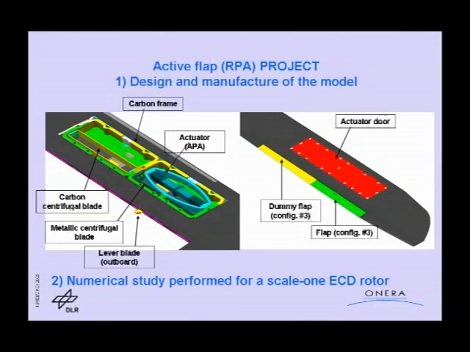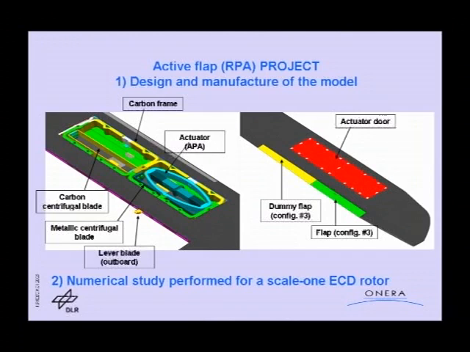And we are using the same tools to work also on active blade design. This figure shows a model blade with an active flap here, a 20-inch flap, which is actuated by a piezoelectric elliptic actuator like this. And this is done in cooperation with DLR.